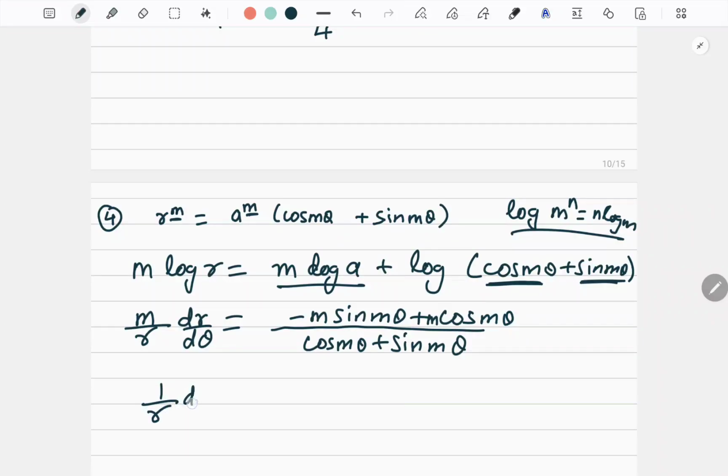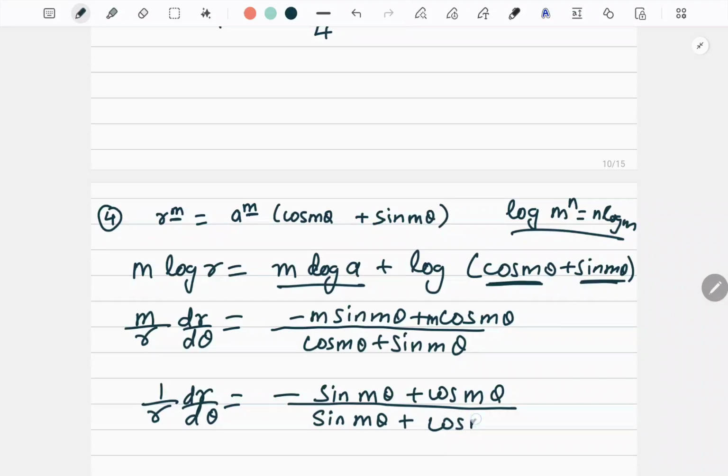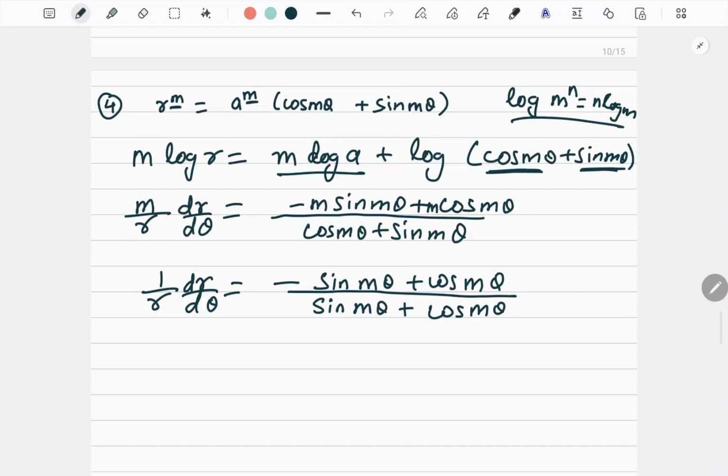So 1 by r dr by d theta is equal to (minus sin m theta plus cos m theta) upon (sin m theta plus cos m theta). Again divide numerator and denominator by cos m theta.